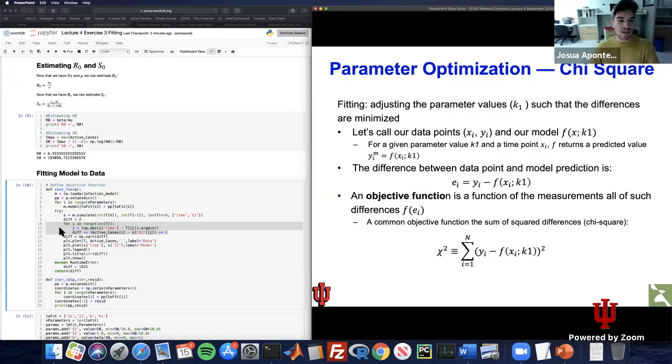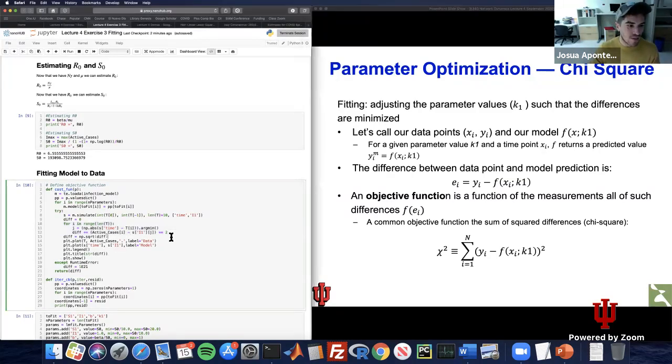In line 11, and we can discuss this later, I am making sure that I'm comparing points where the model prediction and the observed data occur at the same time or close enough, because they might or might not be equally spaced. And we can come back to that later.